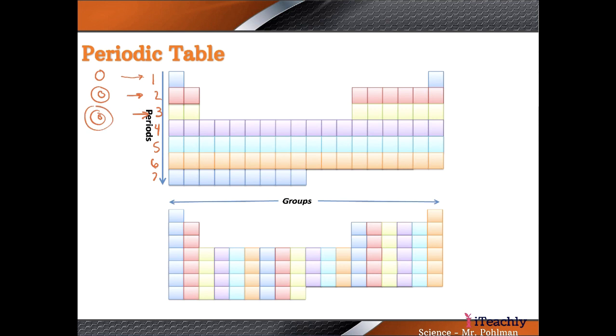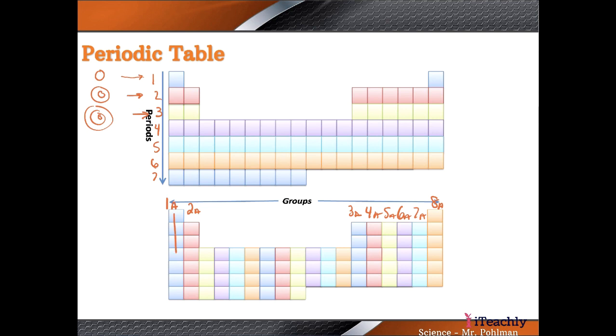And the groups on the periodic table are going to be arranged two different ways. We can look at it in terms of groups 1A, 2A, all the way over to group 8A. Now, on my periodic table, this is how I have it arranged. The reason for this is because when you're looking at group A elements, the column number is going to tell you the number of valence electrons.